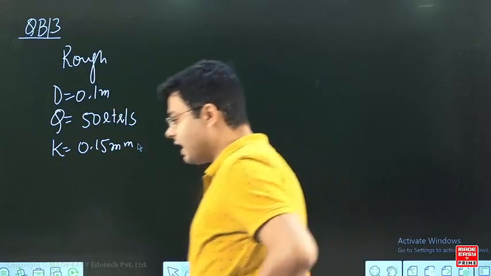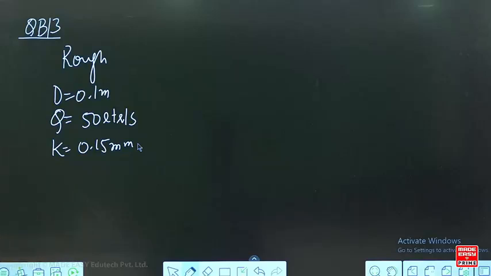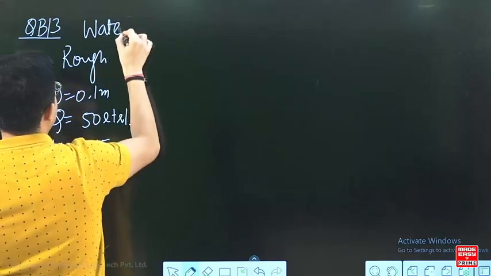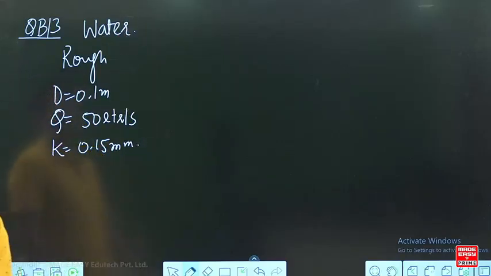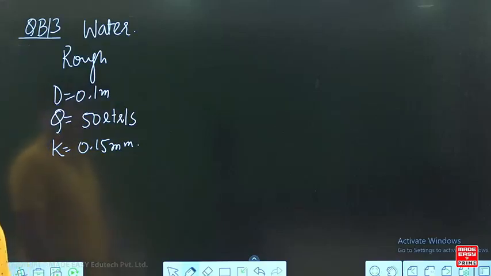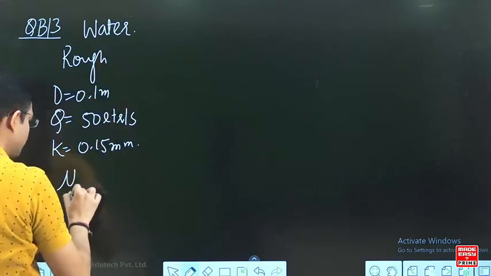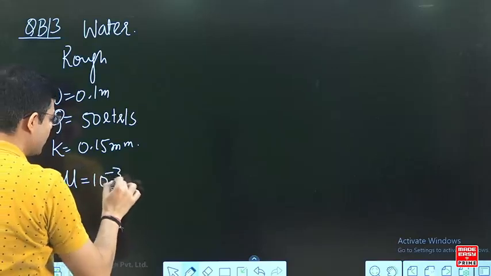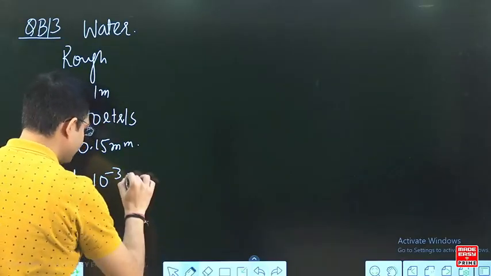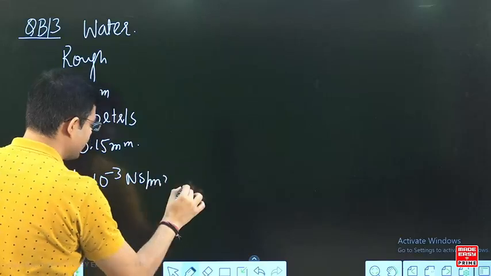Very good. Again, water is flowing in this pipe. Yes, it is clearly written in the question that the pipe is carrying water. Now see, for water, the viscosity everybody knows is 10 to the power minus 3 Newton second per meter square.